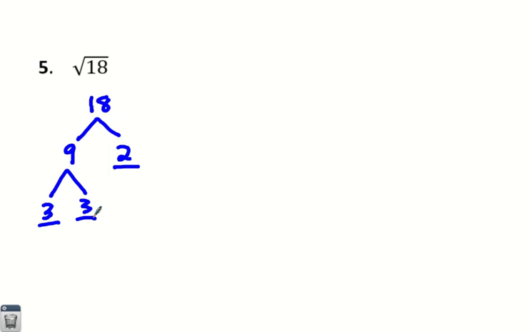So it turns out that these are my final prime factors. Are there any pairs? You bet. There's a pair of 3s, so you would bring one 3 out, and any singles would remain under the square root. So 3 square root of 2.